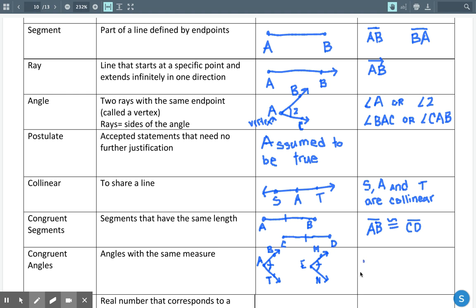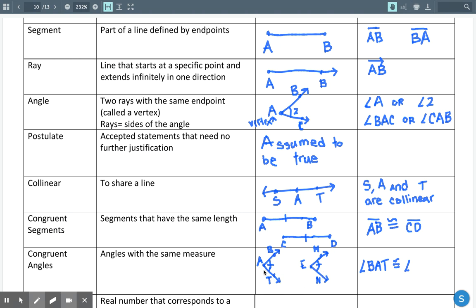So then I can say that angle, so you always have to draw that angle symbol, BAT is congruent to angle measure. So if I go from B to A to T, I have to go in the same order on the other angle. So if I go BAT, I have to go MEN.